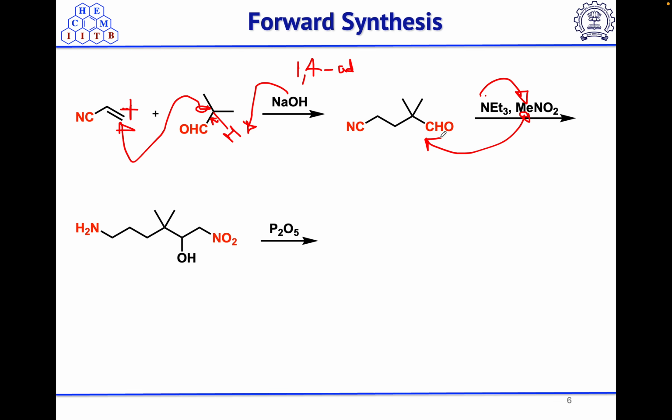Okay, so the right product is, I guess, pretty much easy. You'll get some beta hydroxy nitro compound. Okay, beta hydroxy nitro compound.